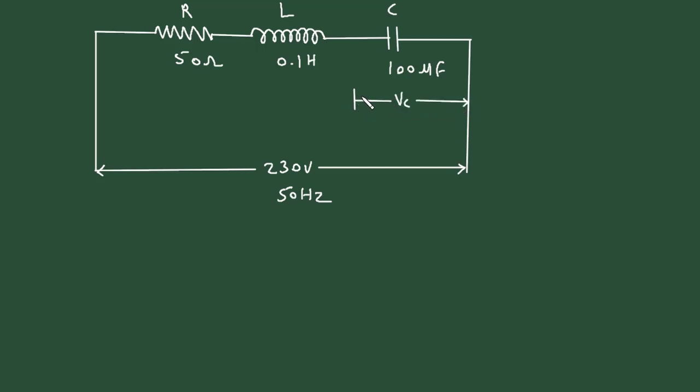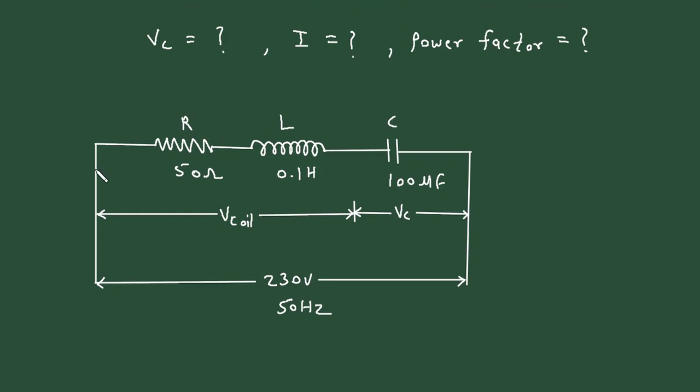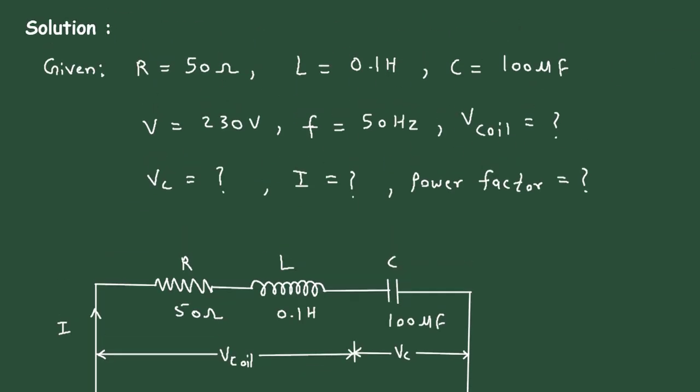So this is VC and this is the voltage across coil, so this is V coil. Now we have to find current I, V coil, VC and power factor.